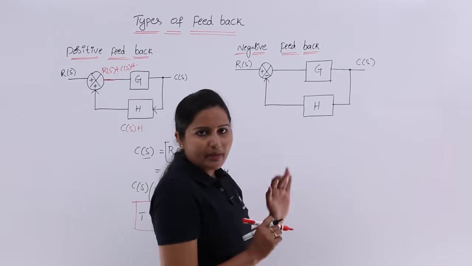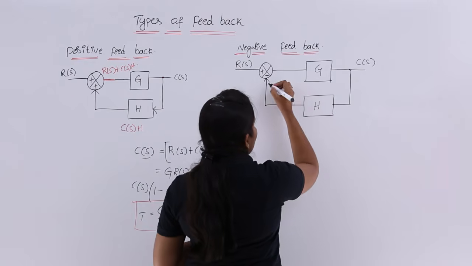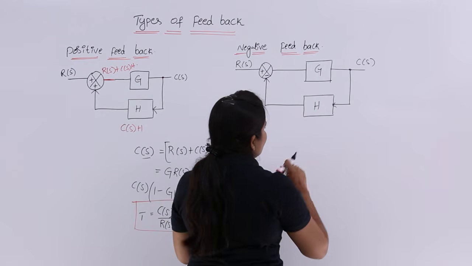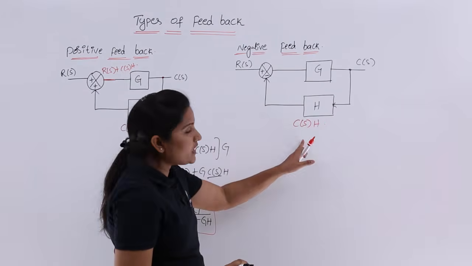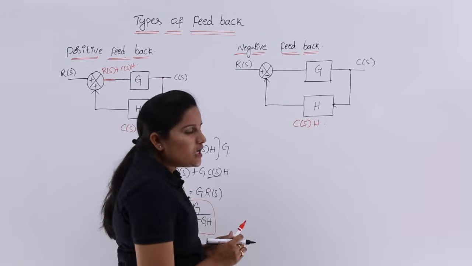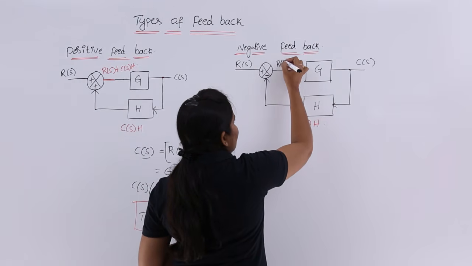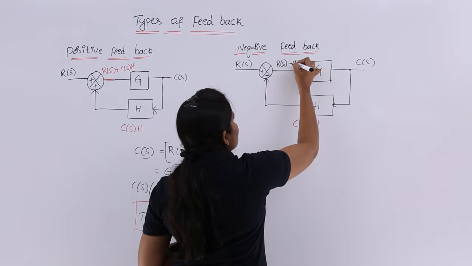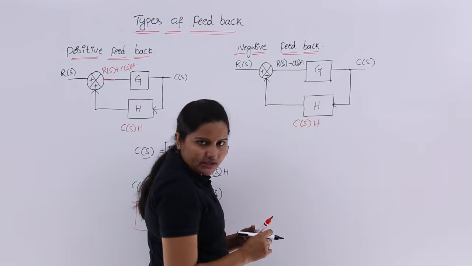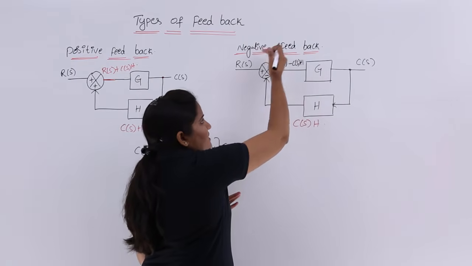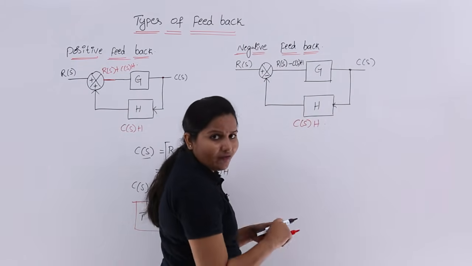Coming to the negative feedback control system, here also the value of this line is C of S into H, but we are subtracting this value from the reference signal R of S. So the resultant signal here is R of S minus C of S into H. What is the value of C of S now?